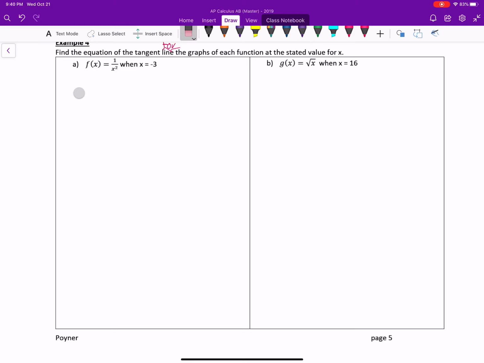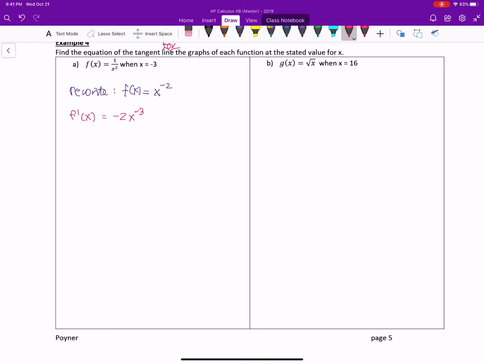But I'm going to do a little bit of a rewrite so that I can avoid having to use the limit definition. I'm going to write f of x is equal to x to the negative second power. So that means f prime of x must equal negative 2x to the negative 3.